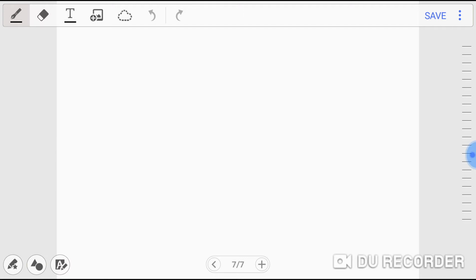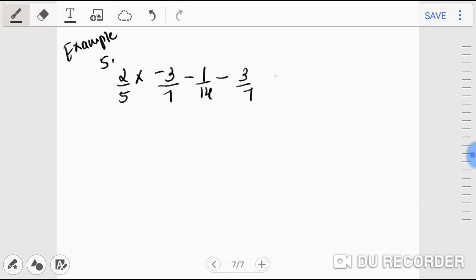Next we have example 5, which says 2 upon 5 into minus 3 upon 7 minus 1 upon 14 minus 3 upon 7 into 3 upon 5.